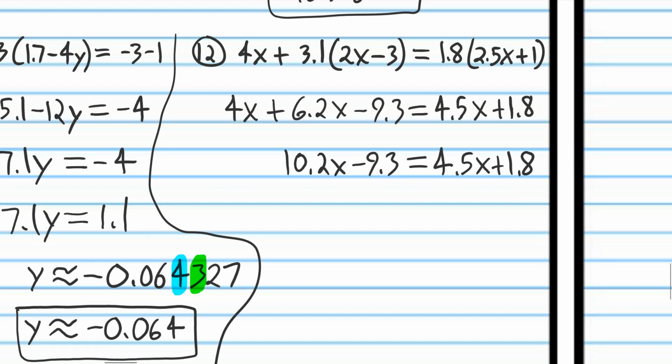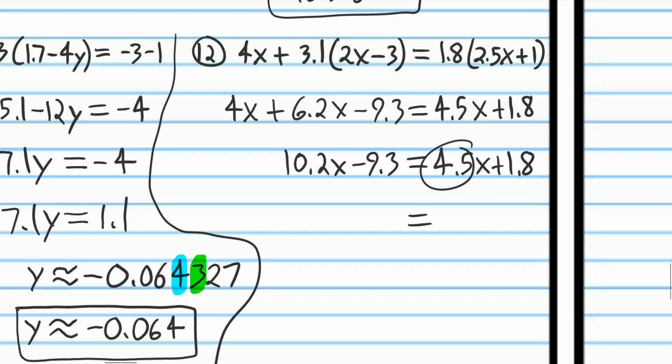So at this point, we would normally rewrite the equation because we want to preserve the result of our calculations. But when you have equations with parentheses, I'm going to allow you to go ahead and do the algebra in your head. So 10.2x minus 4.5x.